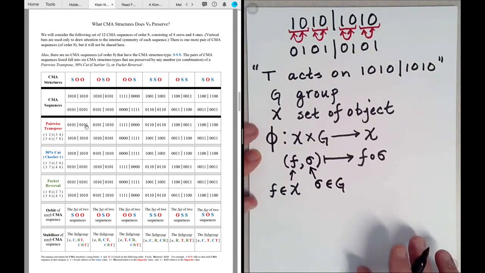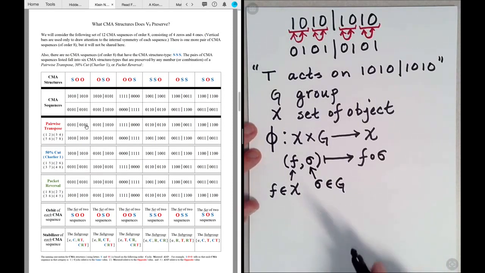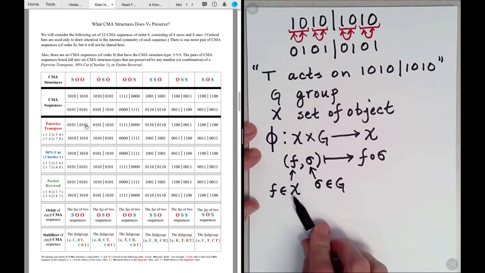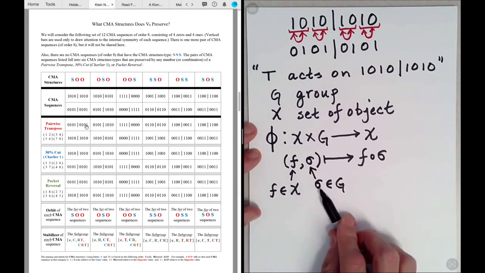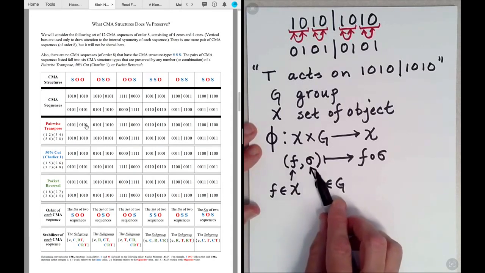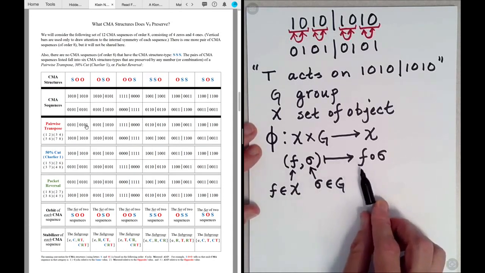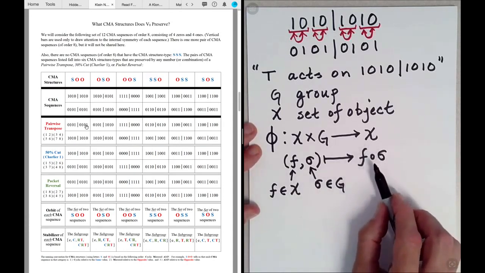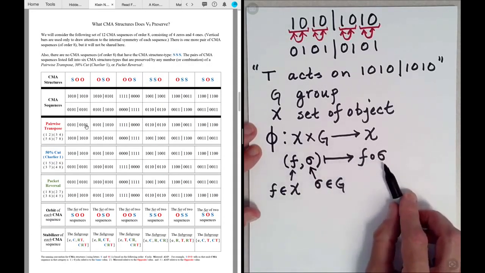And the group action that we will use is actually function composition. So it's important here: set X will be a set of functions. Our group consists of permutations, which are bijections. These are functions as well. So the assignment will be that this pair is assigned to F composed with sigma.